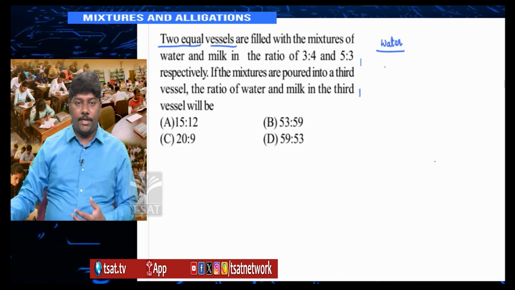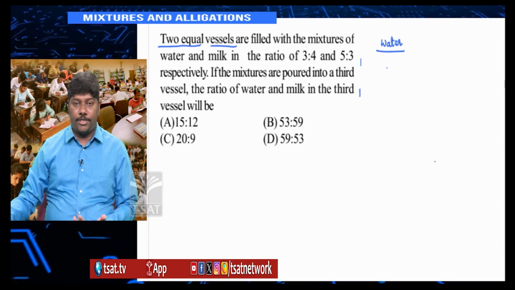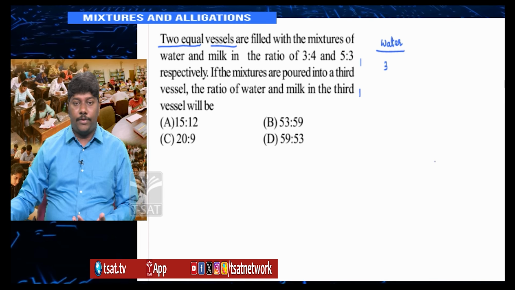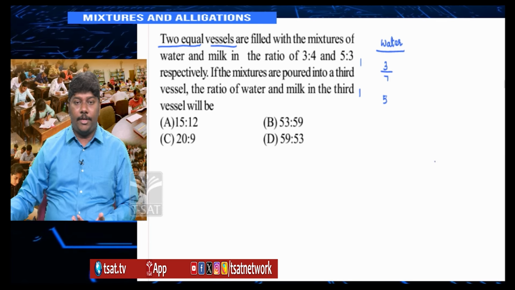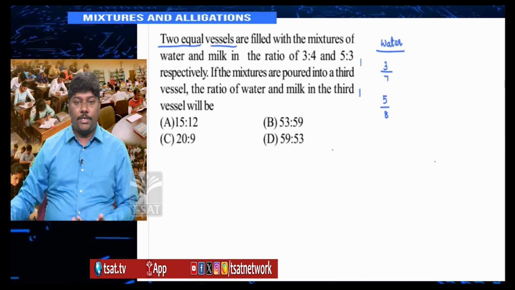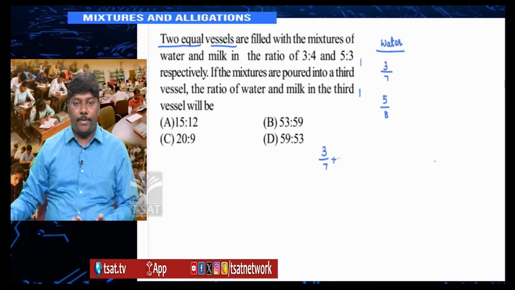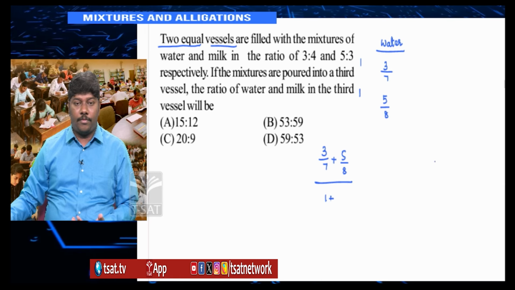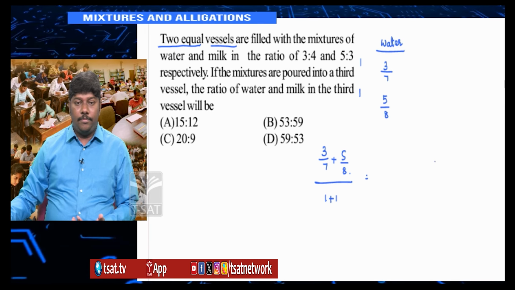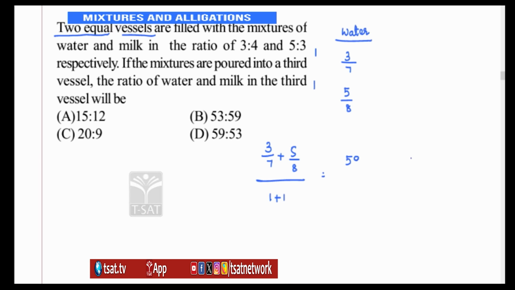In the first one, what is the ratio of water present in terms of fraction? So 3 parts out of total 7 parts. Then 5 parts out of totally 8 parts. Therefore, I would say N1A1, that is 3/7, plus N2A2, that is 5/8, divided by 1 plus 1. 24 plus 35, 59. 56 into 2, that is 112.